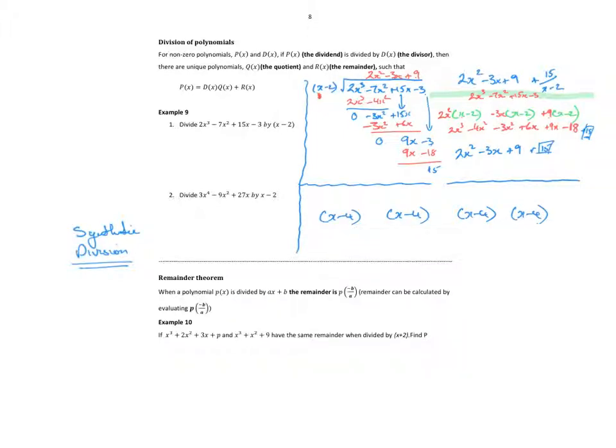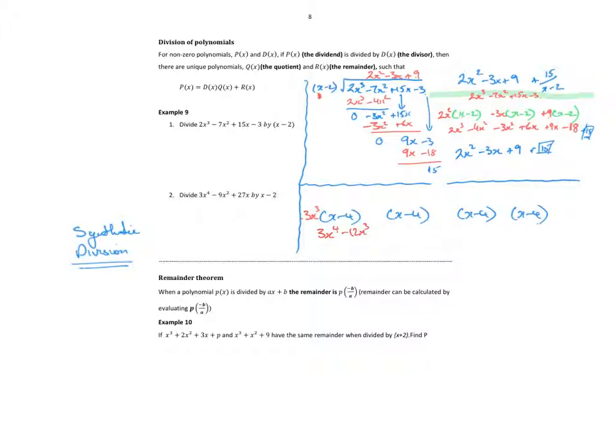First things first, to end up with 3x to the 4, I've got to multiply by 3x cubed. I'm going to take the x out, it doesn't matter. 3x cubed times x is 3x to the 4. 3x cubed times negative 4 is minus 12x cubed.